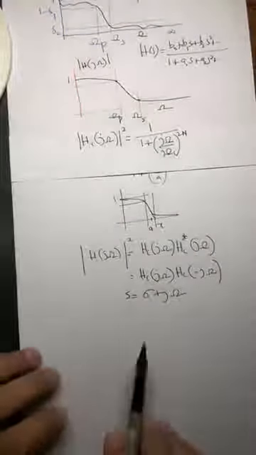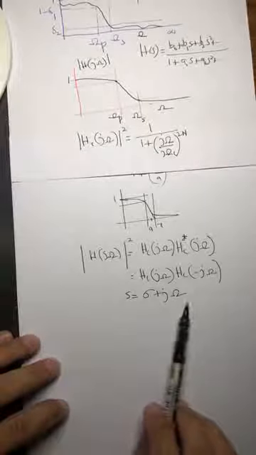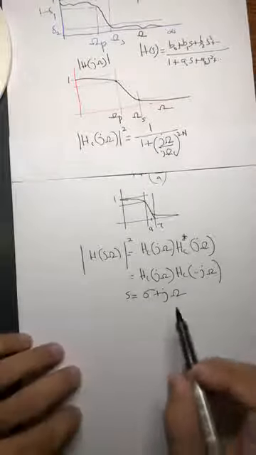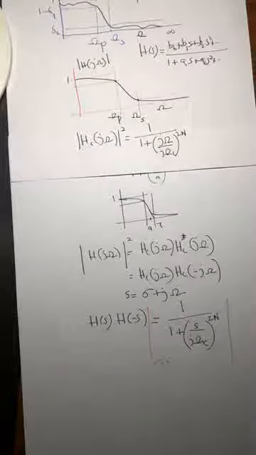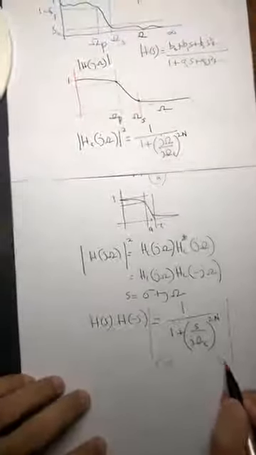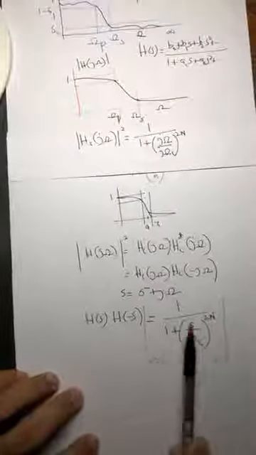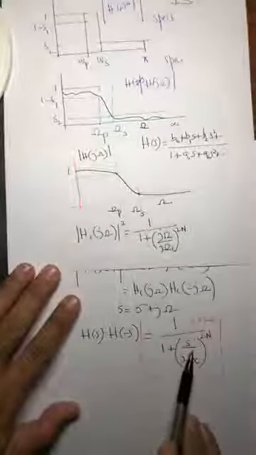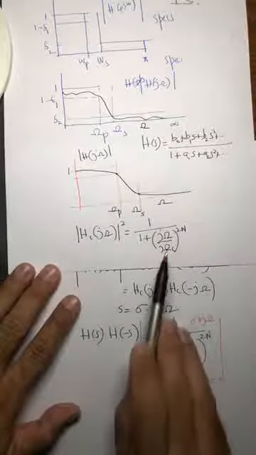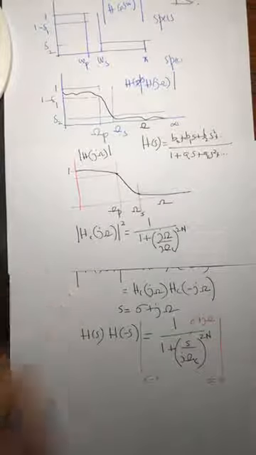So he said, wow, I know s is equal to sigma plus j omega, and once I want to go to H of s, if I put sigma equal to 0, then it becomes exactly this expression, because s is sigma plus j omega. Put sigma equal to 0, sigma goes away, then it is j omega raised to the power 2n.